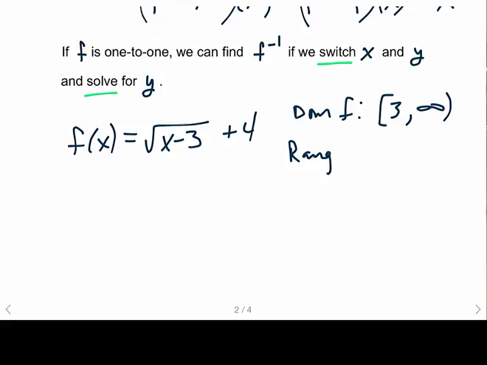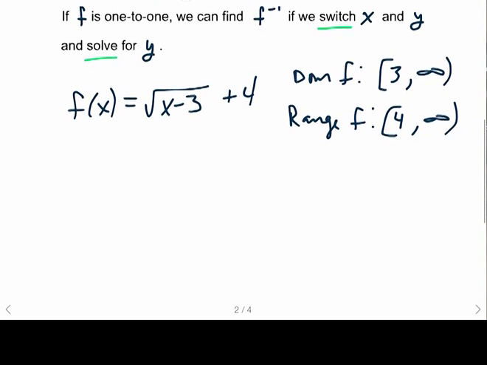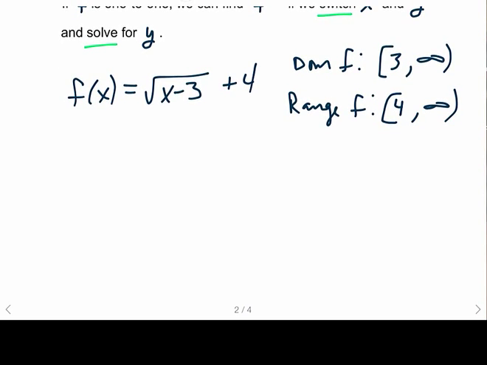The range of f, since the radical has a smallest value of 0, is going to be 4 to infinity. We could graph this, and actually we will in a few minutes. We're going to use this domain and range to help us graph. Actually, we're going to use transformations, but it's all the same stuff, really.